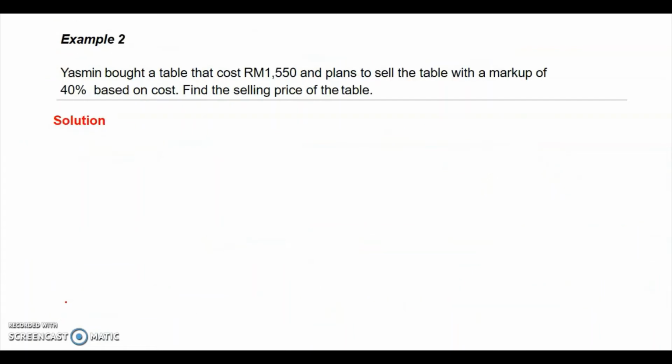Okay, next example. Yasmin bought a table that cost 1,550 ringgit and plans to sell the table with a markup of 40% based on cost. Find the selling price. So now the question asks you to find the retail price or selling price. Selling price is SP. Formula for SP is what?